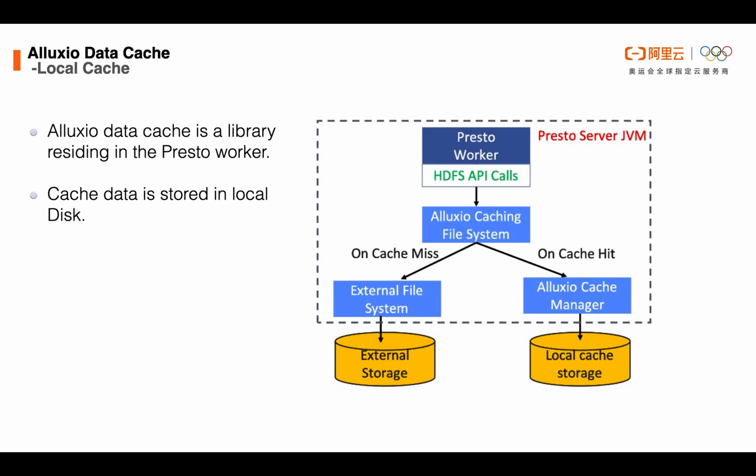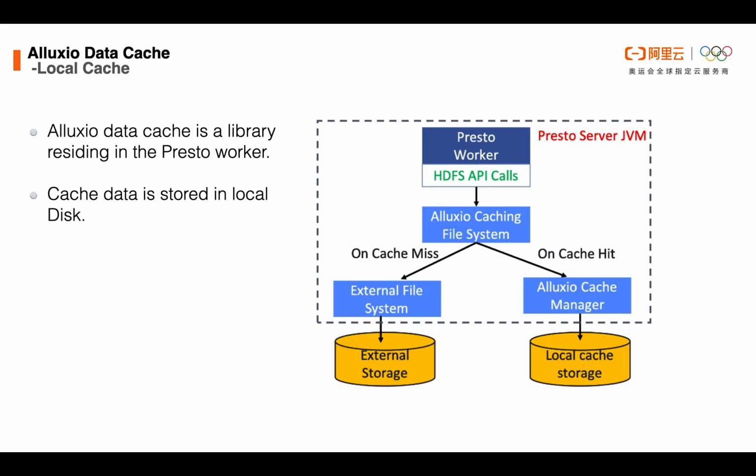Before answering the question, let's take a deep look at how they work. First, the local cache. In the local cache mode, Alluxio data cache is a library residing in the Presto worker, and the cache data is stored on local disk. So the Alluxio library is responsible for handling the read request.